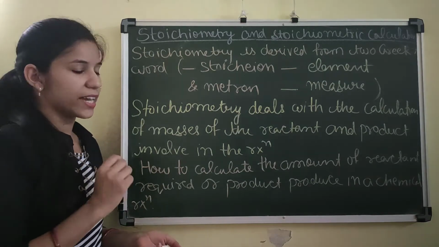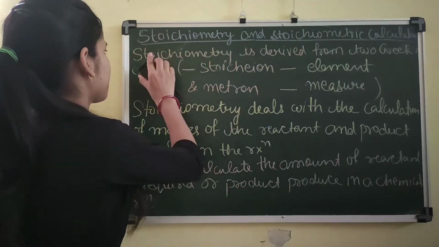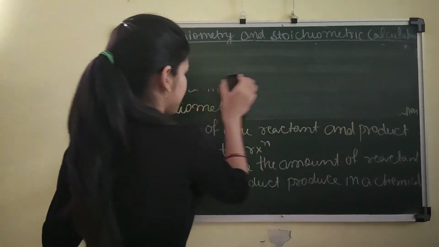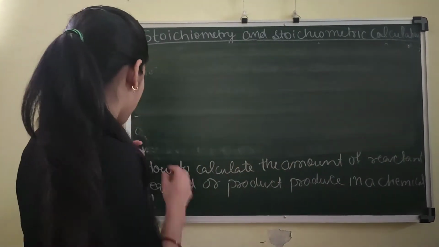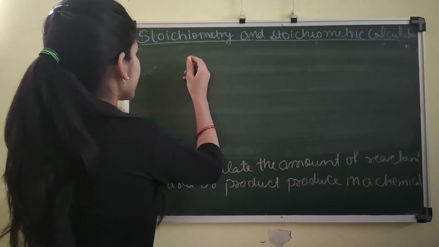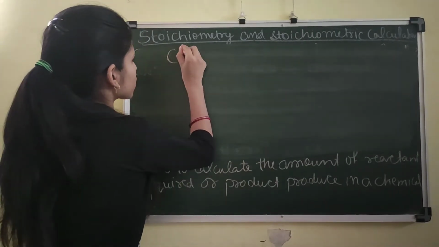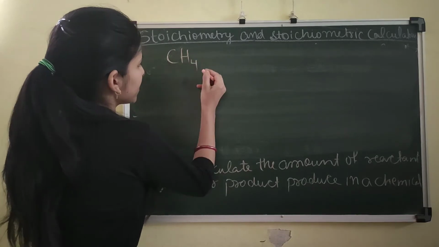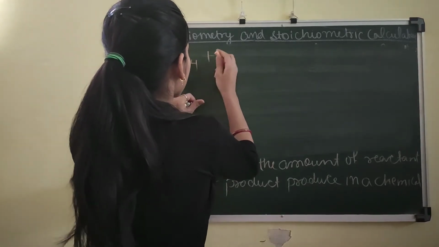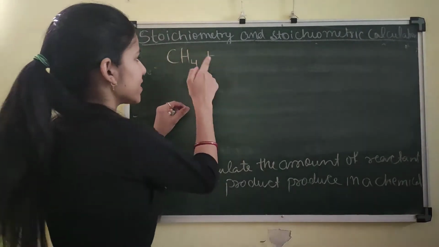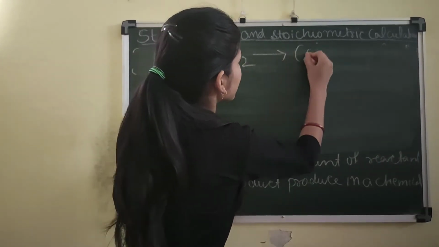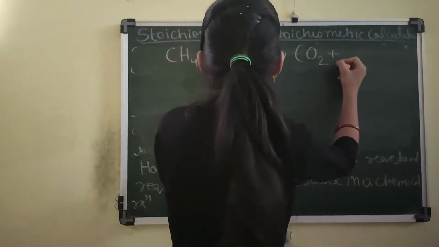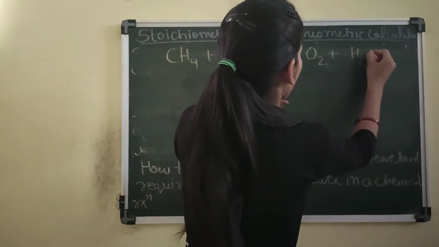Consider a combustion reaction of methane. The balanced equation for the combustion of methane is CH4 + O2 gives CO2 + H2O.